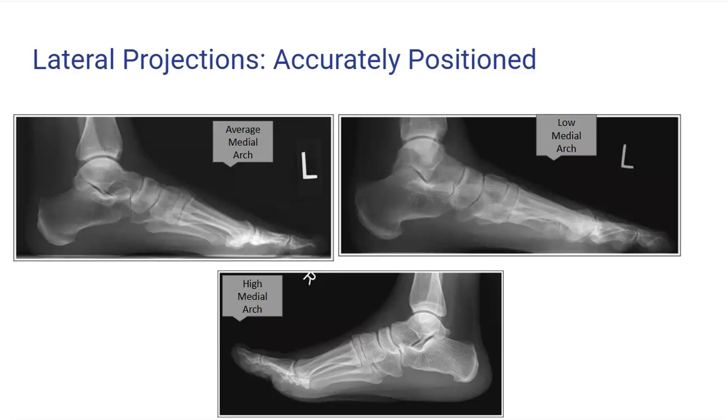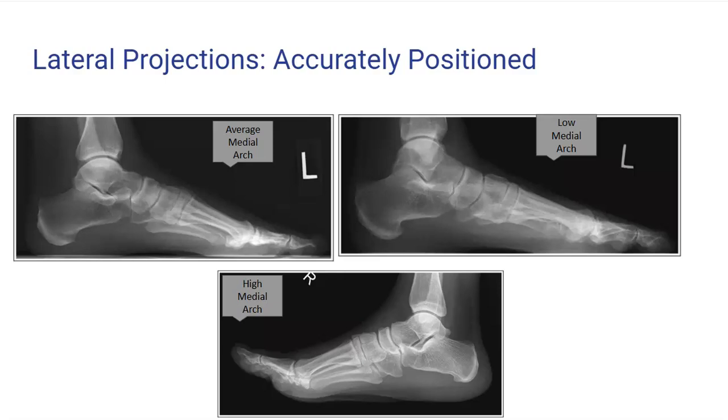I have provided for you a couple images of patients with different arches. The medial arch can vary in different patients, as we discussed earlier with the oblique projection. In this case, each one of these lateral projections represents a true lateral projection for the average medial arch, low medial arch, and the high medial arch.